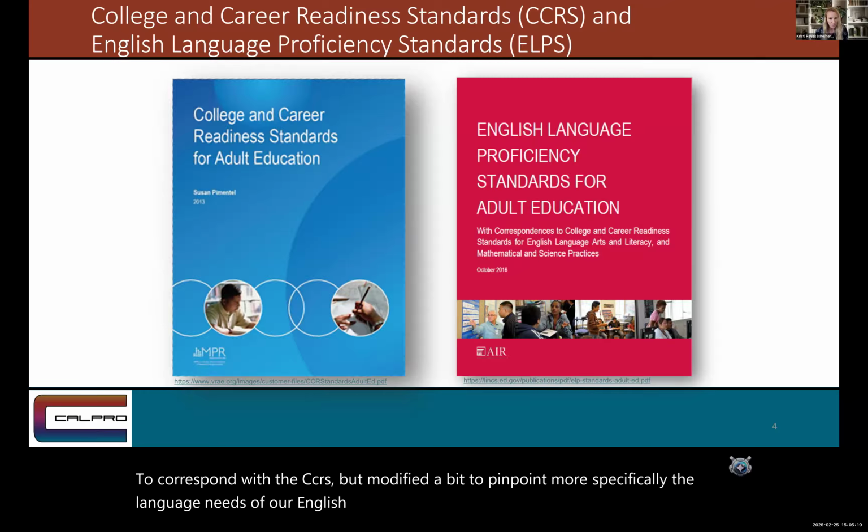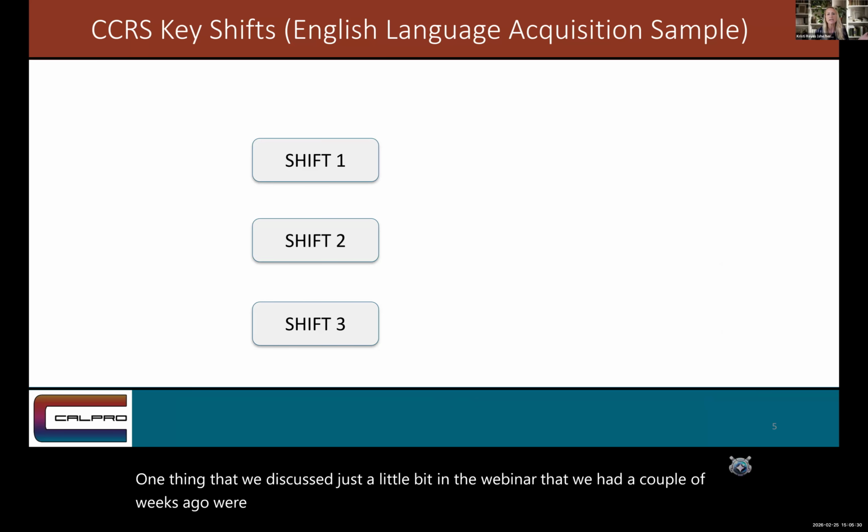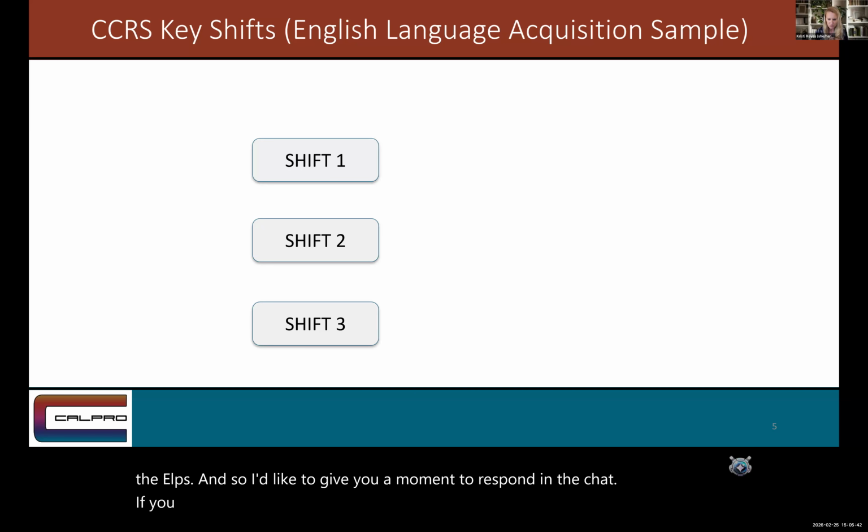So one thing that we discussed just a little bit in the webinar that we had a couple of weeks ago were the three shifts that were first part of CCRS and then are mirrored in the ELPS. And so I'd like to give you a moment to respond in the chat if you can recall any of those three shifts as they apply, especially to reading.